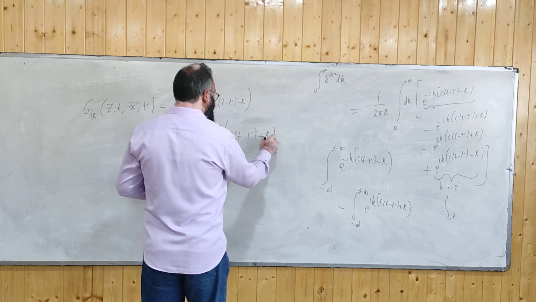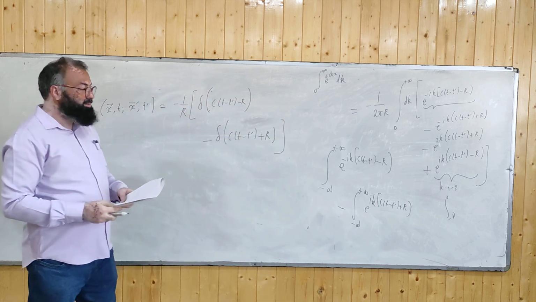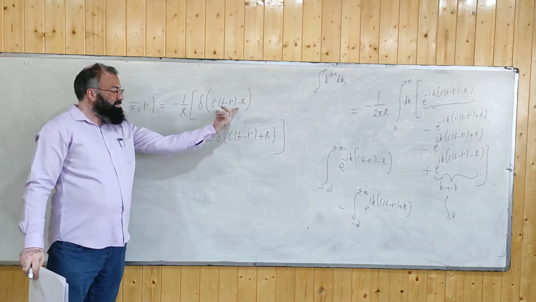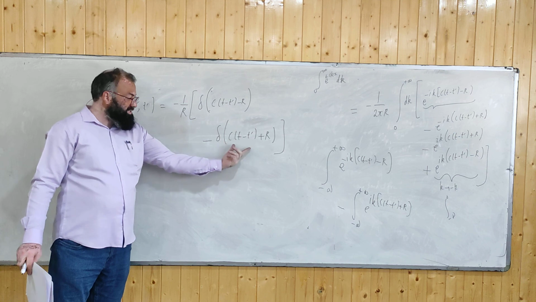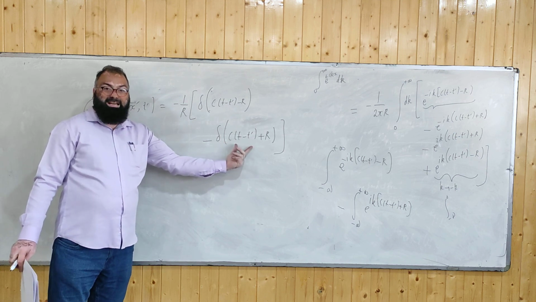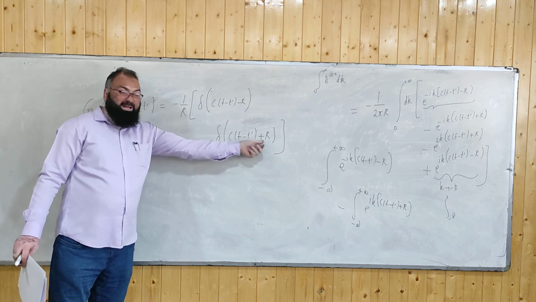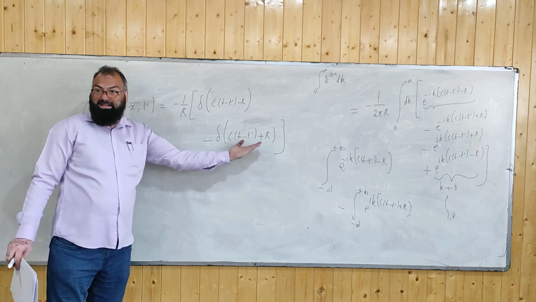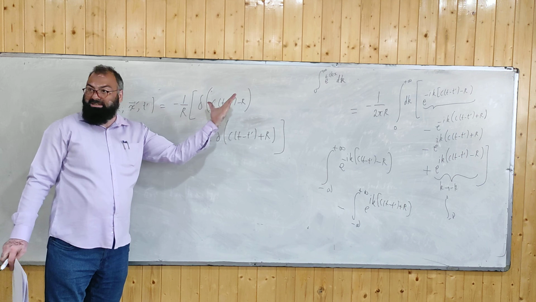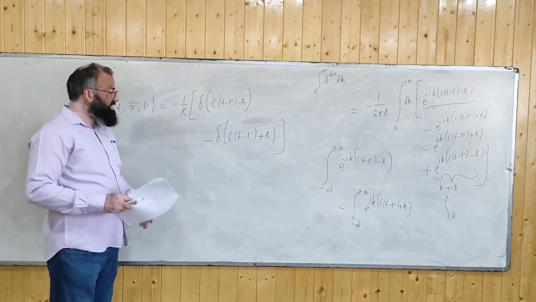We are done actually. It's almost done. Now look here. This delta function forces c (t minus t prime) equal to r, is it? And this delta function forces c (t minus t prime) equal to minus r. So this will actually give you the advanced part. Since we are only in the retarded Green's function, we can discard this thing.